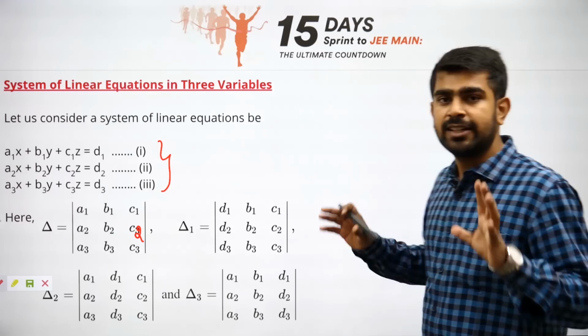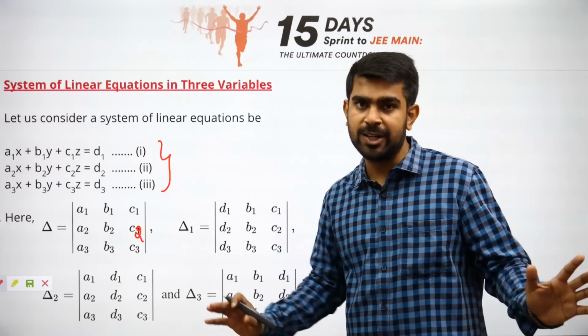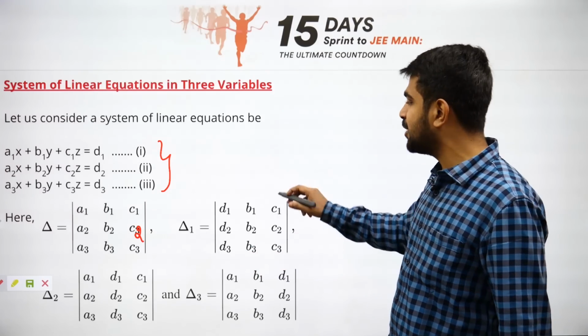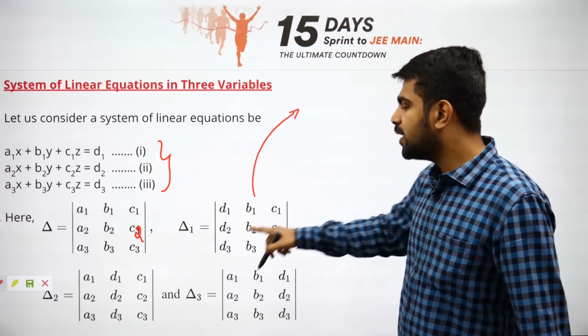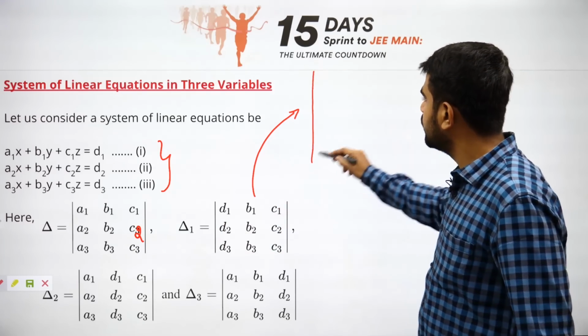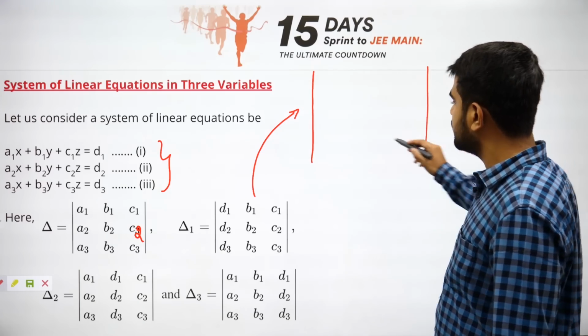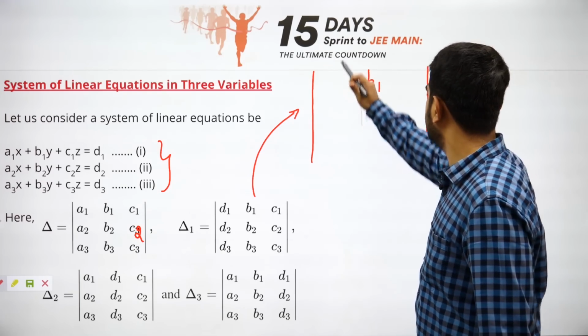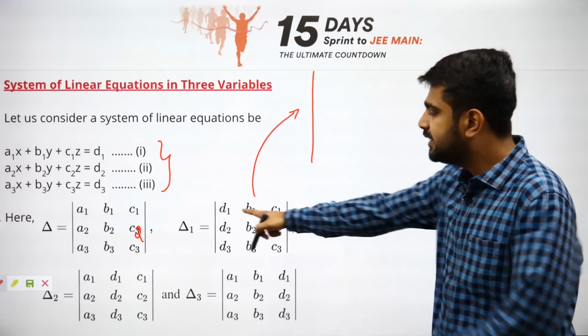Now right now it may not make sense, but it will in some time. Let me explain it for you. Now I will take delta 1 alone and simplify it further. Delta 1 is, I'm sorry, it is not b1, it is d1, d2, d3.